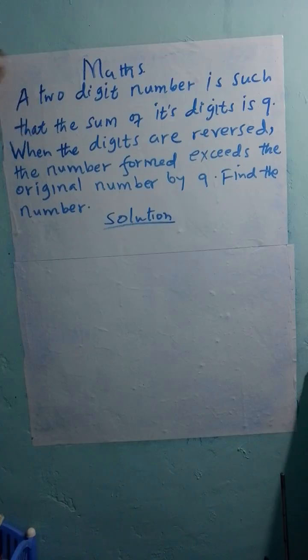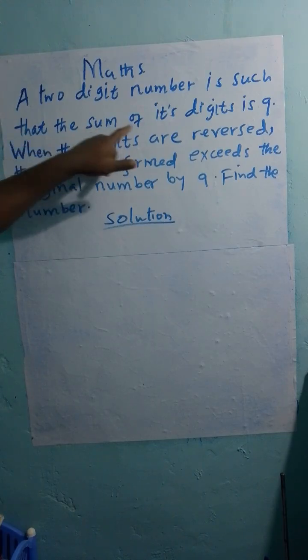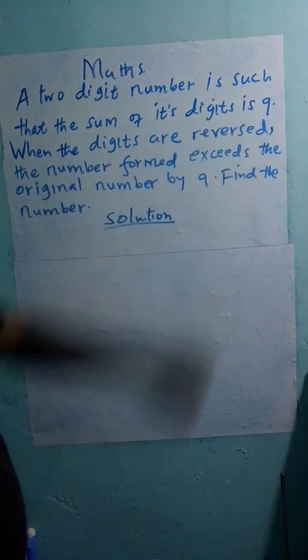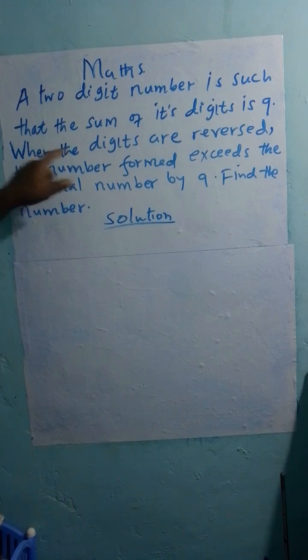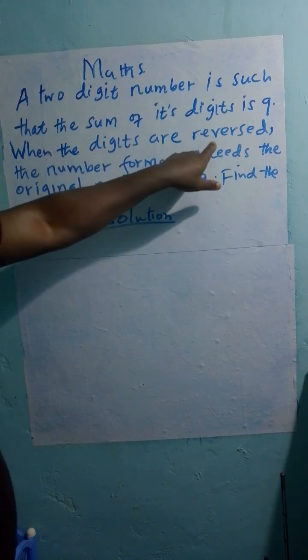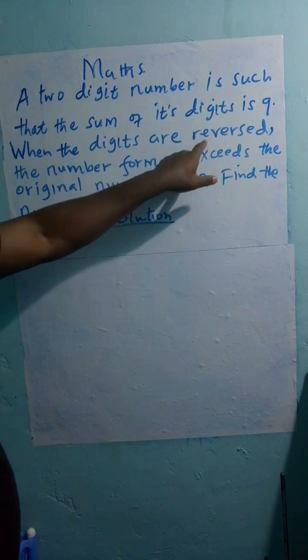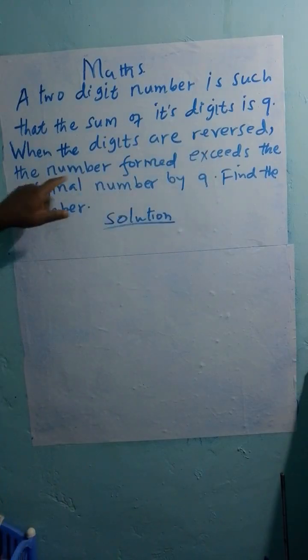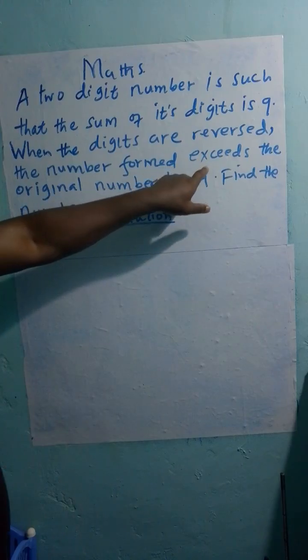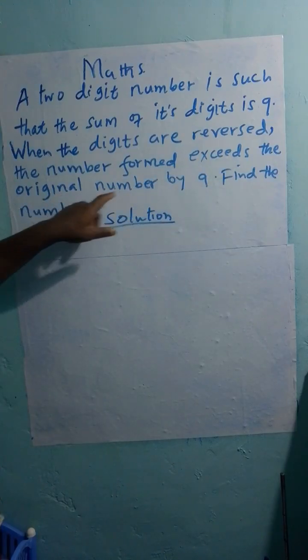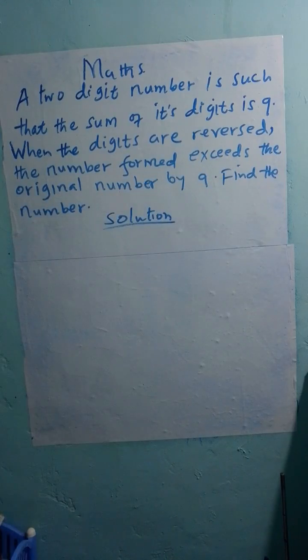A two-digit number is such that the sum of its digits is 9. When the digits are reversed, the number formed exceeds the original number by 9. Find the number.